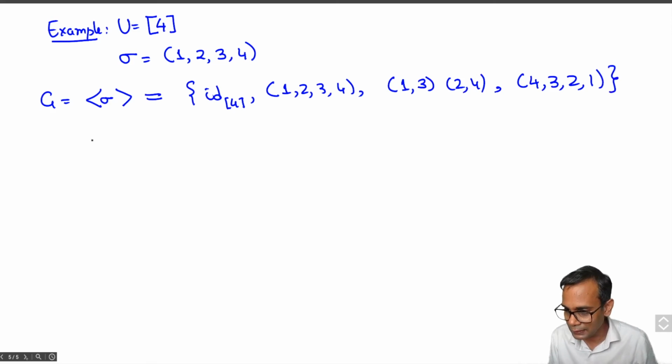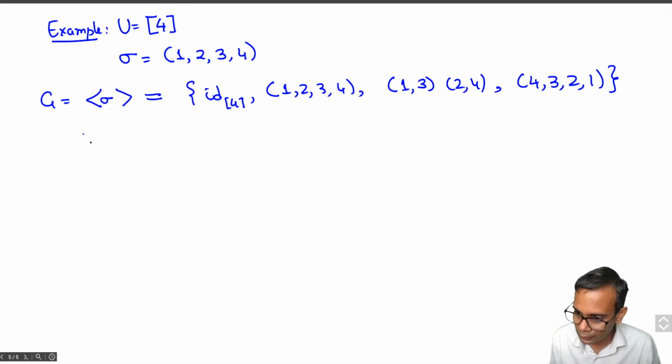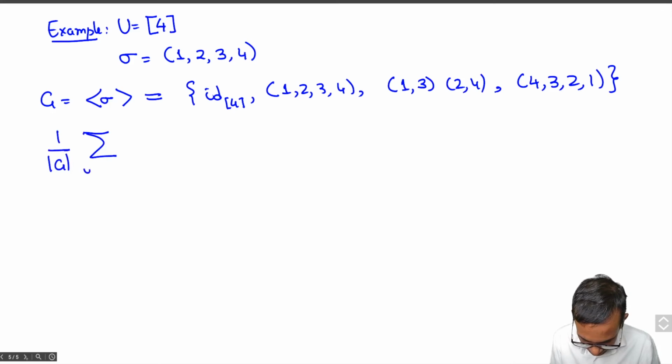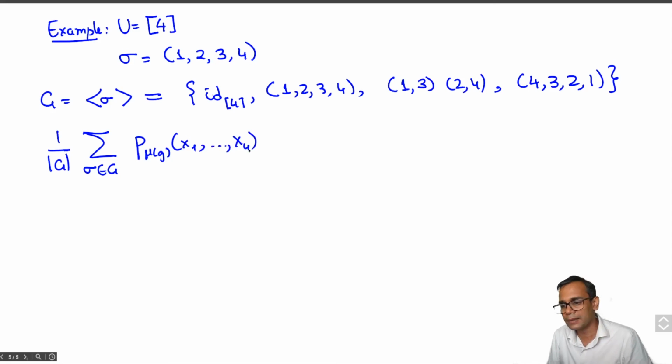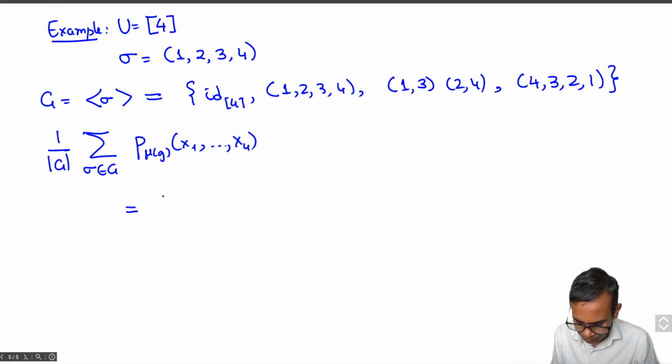So what we get is that 1 over |G| summation sigma in G P mu(sigma) of x1. Let's do it with 4 variables. So we are assuming that there are 4 possible colors, and this is going to be just 1 over 4. So we'll take first the term corresponding to the identity. So the identity has cycle type 1, 1, 1, 1.